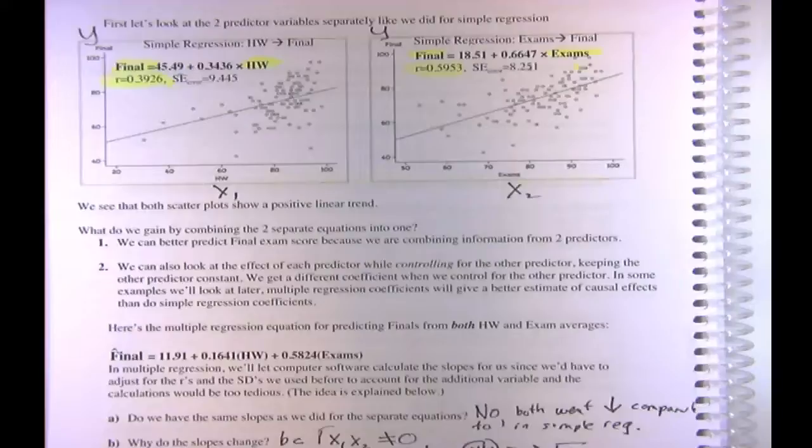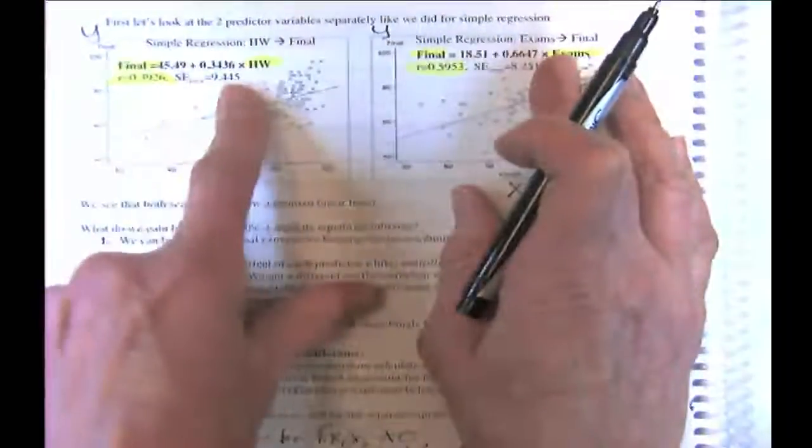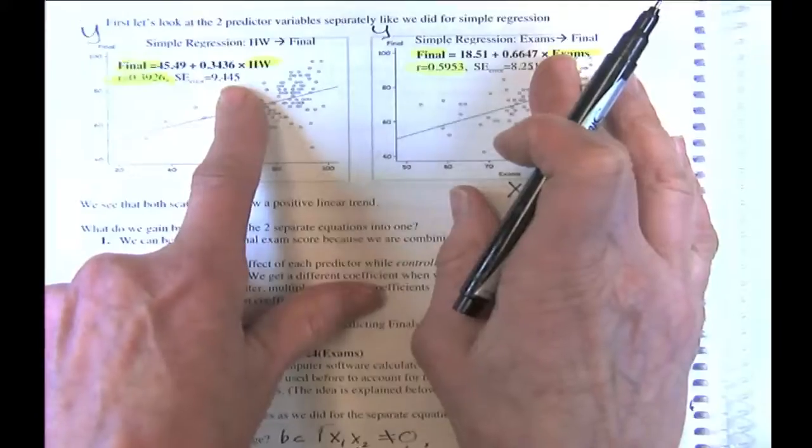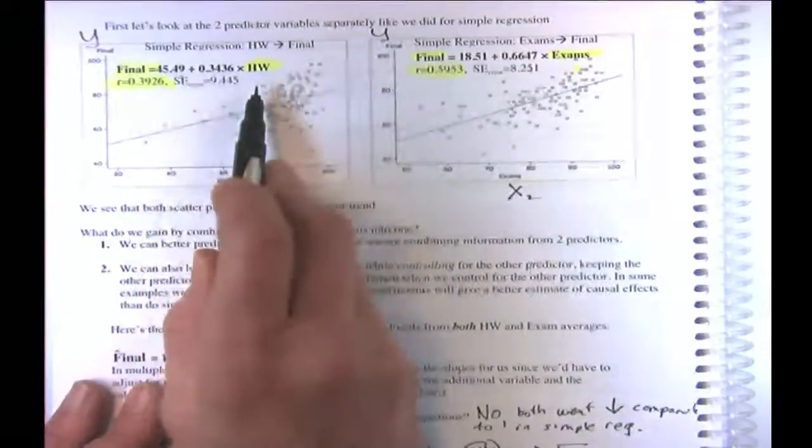One person was an easier grader and for some reason just added 2 extra credit points to everybody's score. So pretend they were completely uncorrelated. This would be your homework: the correlation between how people did on the homework and how they did on the final was about 0.4, and we got this equation.